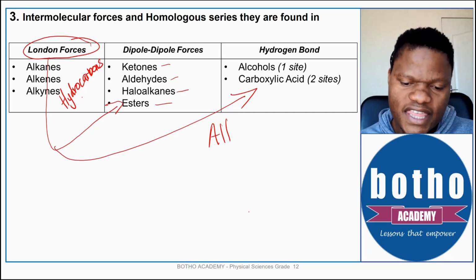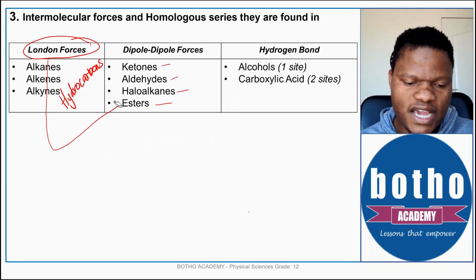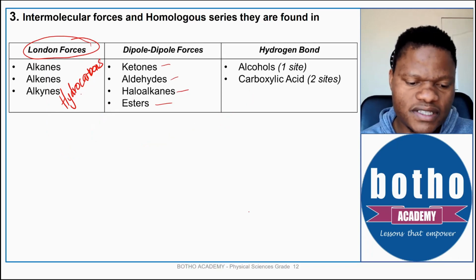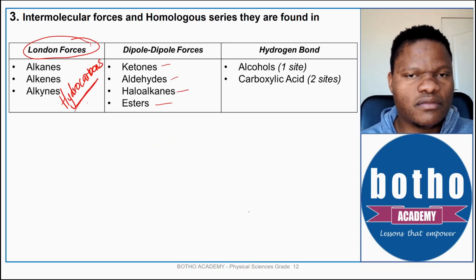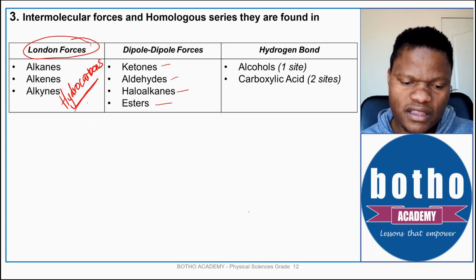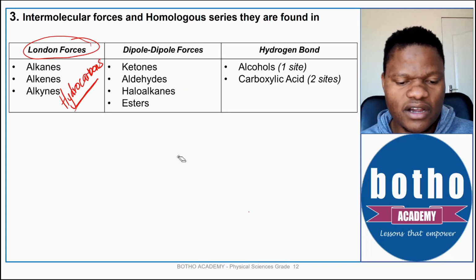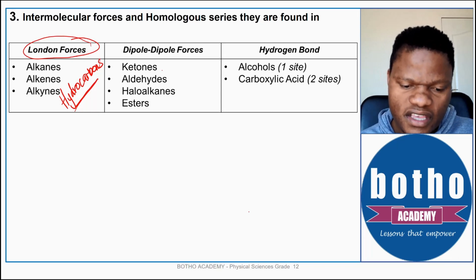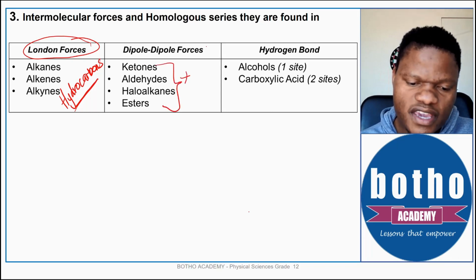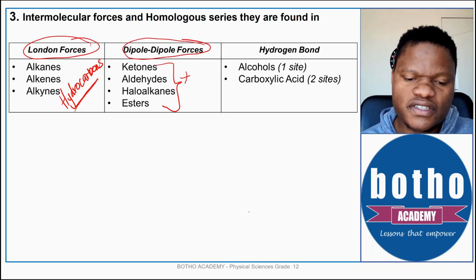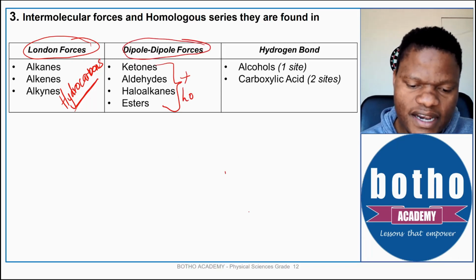However, they are the only type of intermolecular forces that are present in the hydrocarbons, unlike in the ketones, aldehydes, and haloalkanes, where you get the dipole forces plus the London forces.